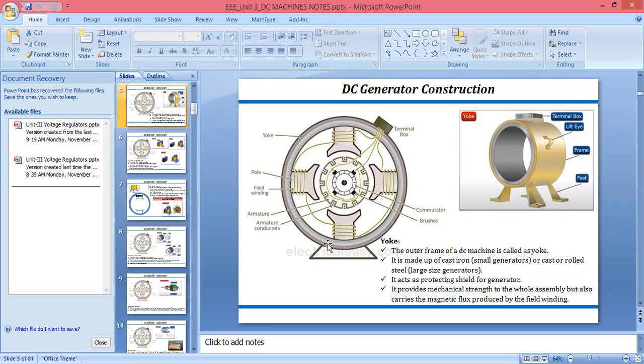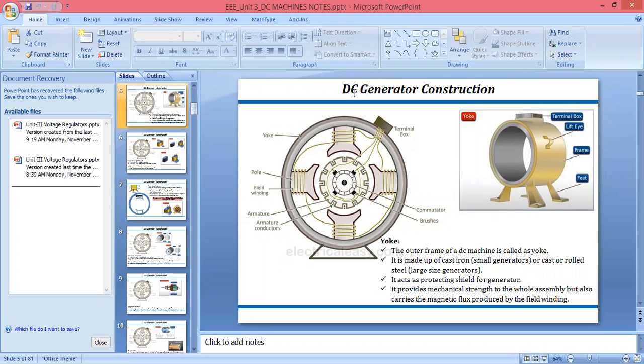You can see here, this is the constructions diagram for the DC motor and the DC generator. The outer covering we are calling a yoke. It will give support and protection to the assembly of the DC motor. Then there are stationary and rotating parts in the DC motor and the DC generator.